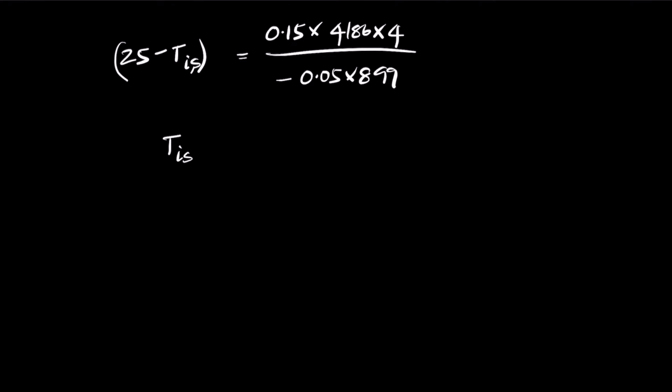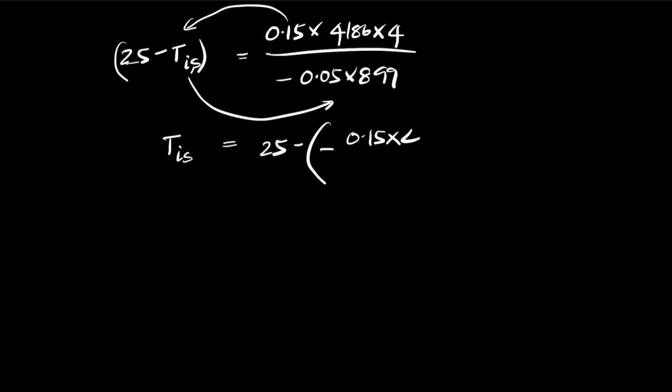So finally, when you solve this, Tis equals 25 plus, so we move Tis to this side and put this entire expression on the other side. It becomes 25 minus of minus 0.15 times 4186 times 4 over 0.05 times 899.